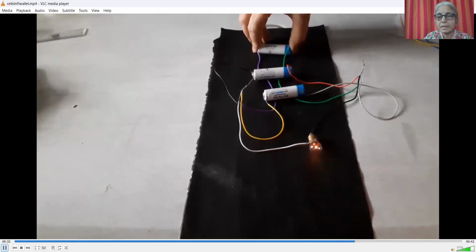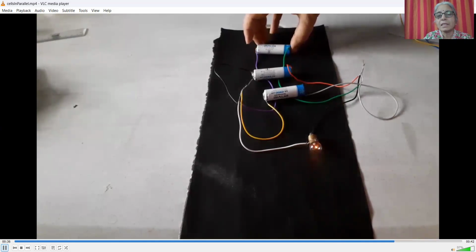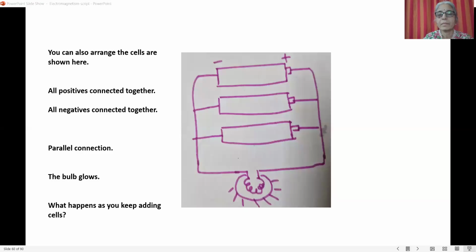And a third cell in parallel. Here we notice that as we add cells, the intensity of the light has not increased. We have multiple cells, but the bulb continues to glow the same amount.